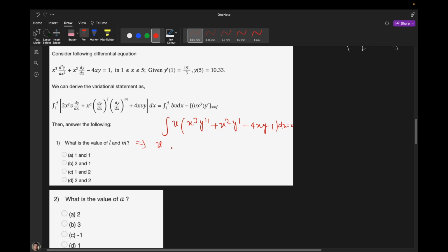We take v x cube and integrate y double dash, it will become y dash, from 1 to 5, minus the integral from 1 to 5 of the derivative, which will be 3x square v plus x cube v dash, times y dash dx, plus v x square y dash dx, minus 4v xy dx, minus integral v dx equal to 0.